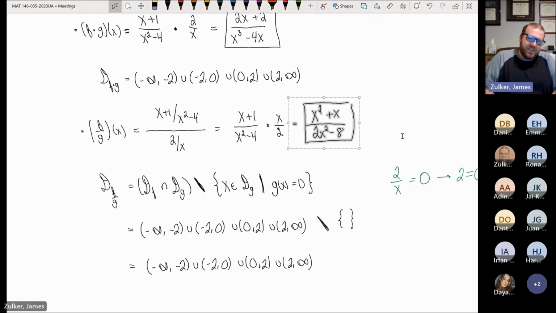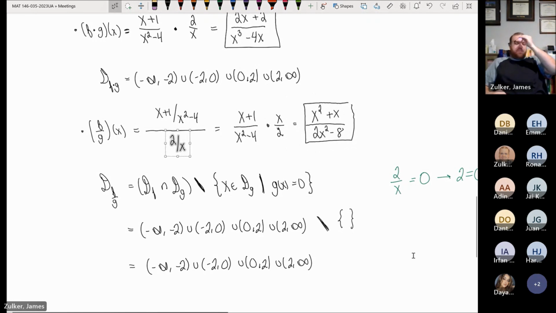You cannot just look at the end result and get your domain from that. You have to consider the domains of the two functions, right? The reason that 0 is not in this domain is because you would then have a value divided by something that is undefined, which is undefined.